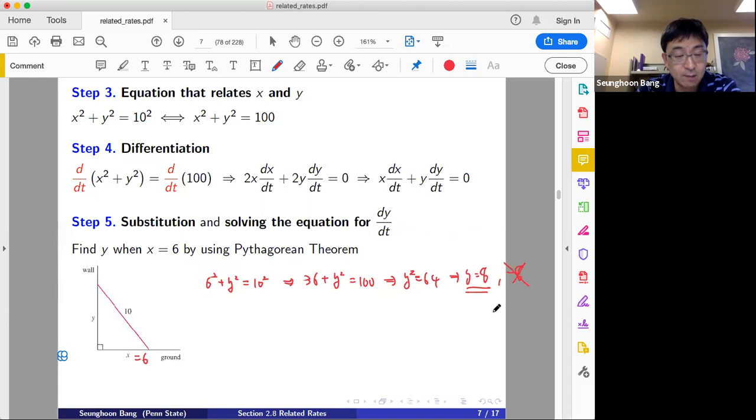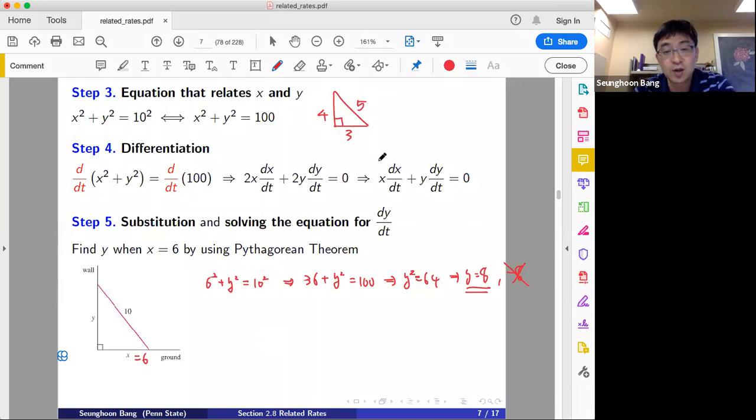y equals 8. So one more: how can you find this value y? The Pythagorean theorem is one good idea. Another one, we can use a special ratio of a triangle. Do you know the 3, 4, 5?